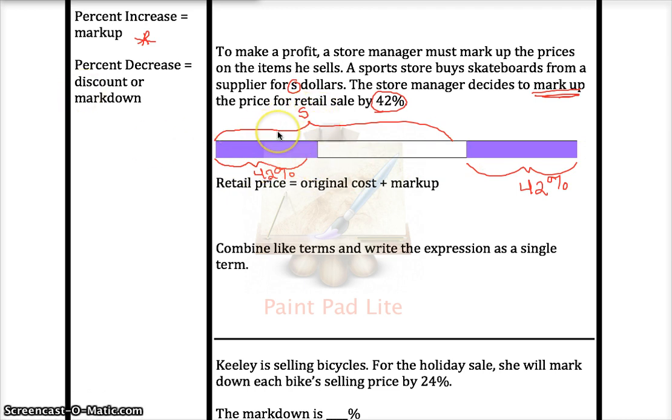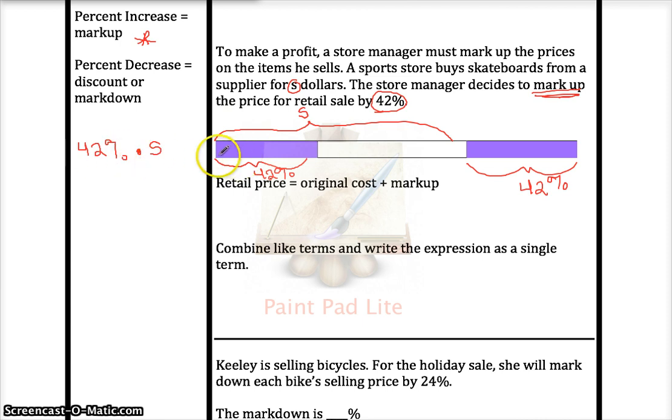All right, so basically this is saying the purple part is 42% of S, and of means multiply, and S is the price of the skateboard.